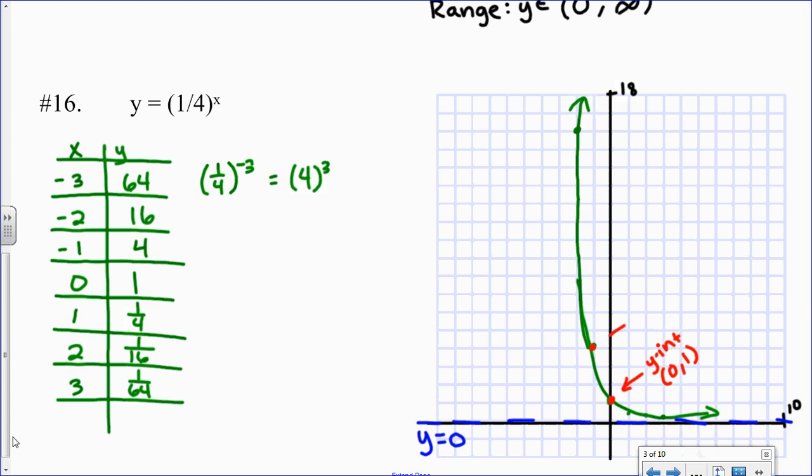My other points did change. Is this graph increasing or decreasing? Decreasing. So another word is decay, exponential decay.